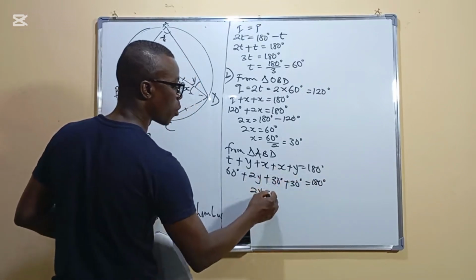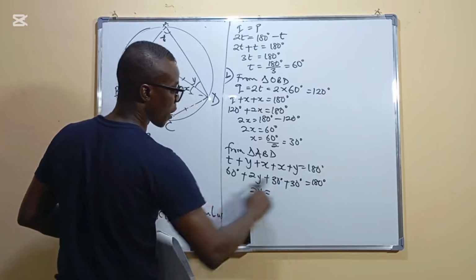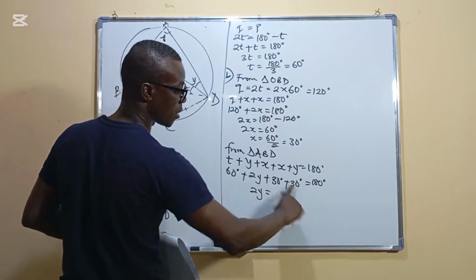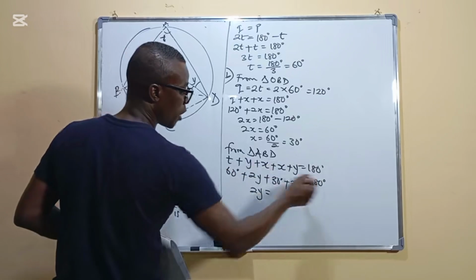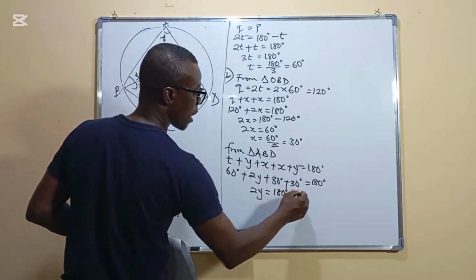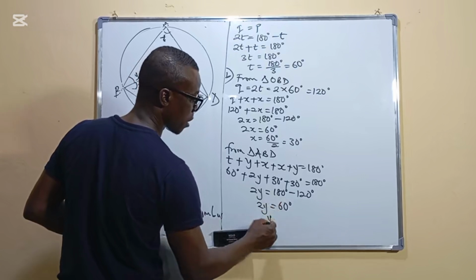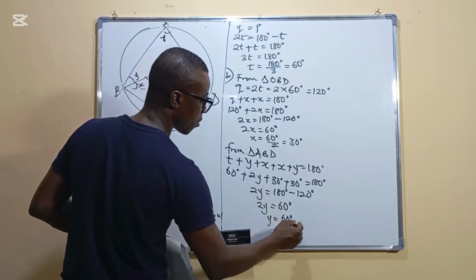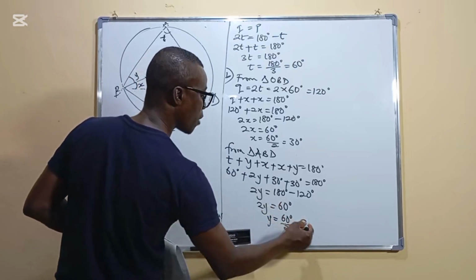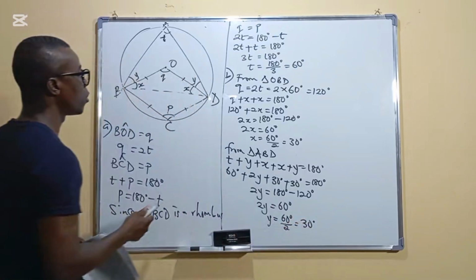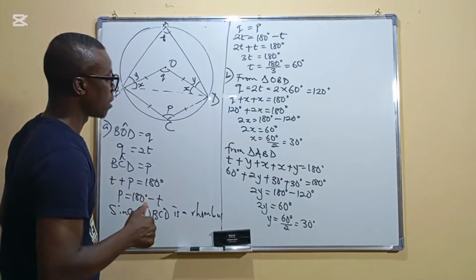So 2y will be 180 degrees minus 120, which is 60 degrees, making y 60 degrees divided by 2, and so we have 30 degrees. So the value of y is 30 degrees.